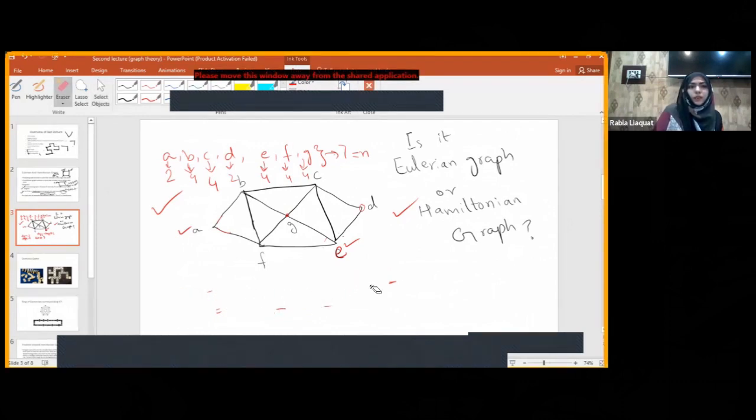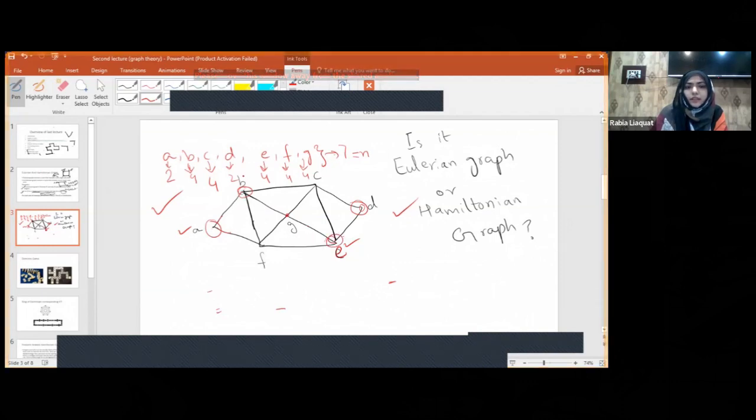Now we will check, for example, vertex B and vertex E. Both are non-adjacent vertices. Let's check. Degree of B is equal to 4.